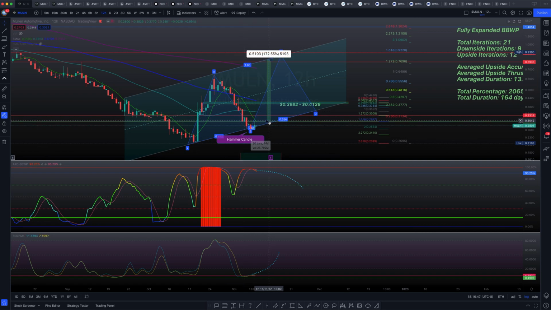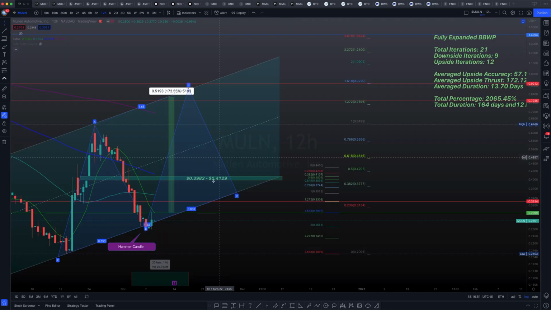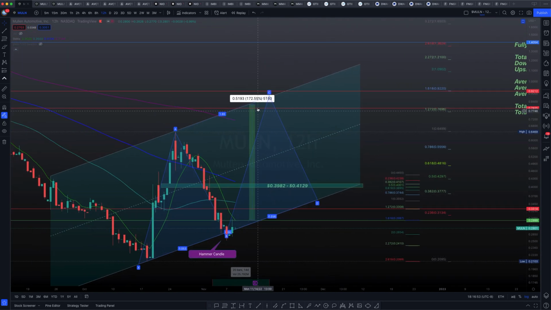So we can put it from the 1.618 to the top, and you can see that 172% move to the upside is in direct confluence with our resistance of the ascending channel, and also in confluence with our 200-day simple moving average right over here, you guys. So there is a potential to where we can face a little bit of resistance here where we can sell off and then continue for a bounce.